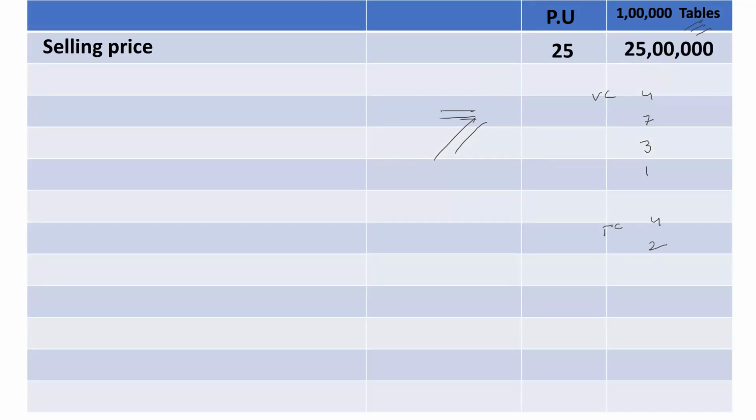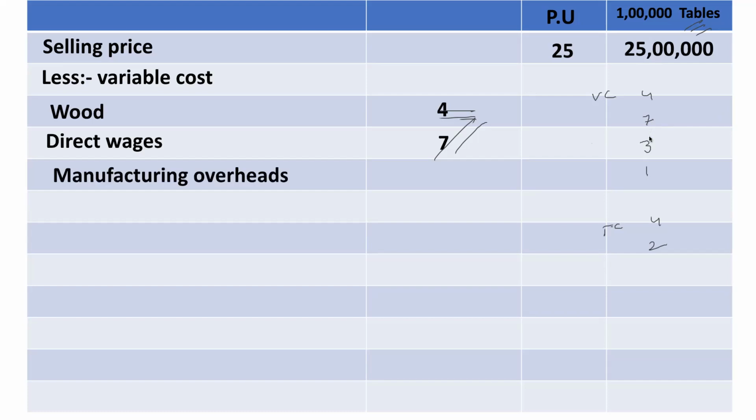Okay. Now we will take the variable cost. We have four variable costs as you see. So we will subtract the variable cost. We have variable cost of wood, which was 4, variable cost of wages, which was 7, variable cost of manufacturing overheads, which was 3, and sales overhead, which was 1.